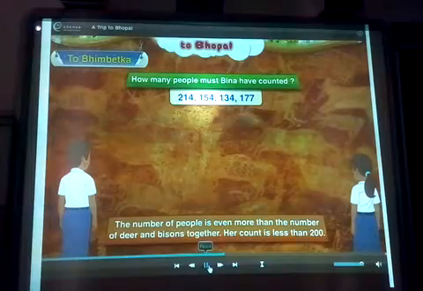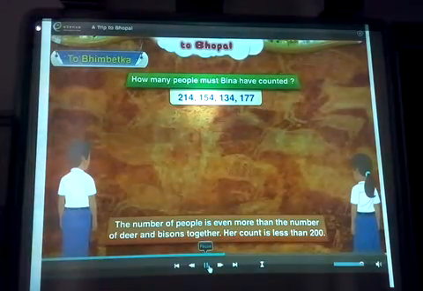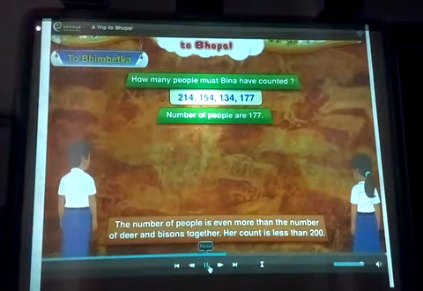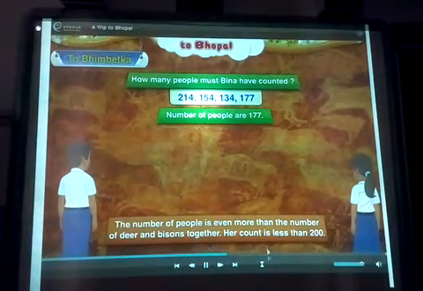Beena said the number of people is less than 200, but the number close to 200 is 177. So the number of people is close to 177.